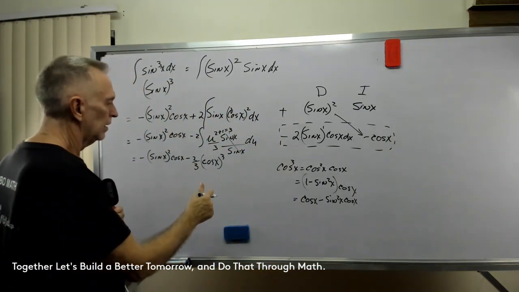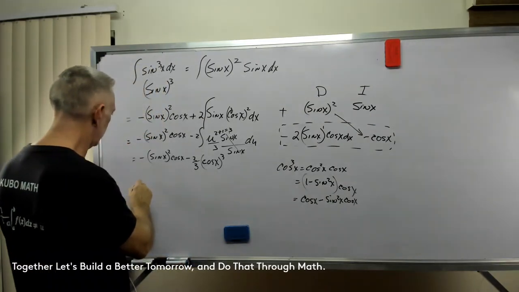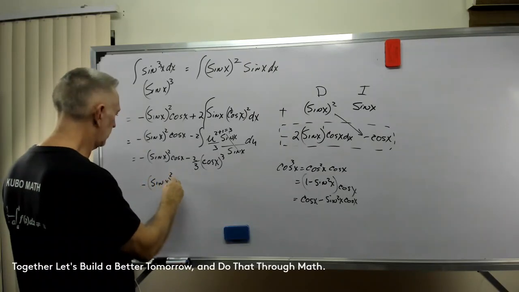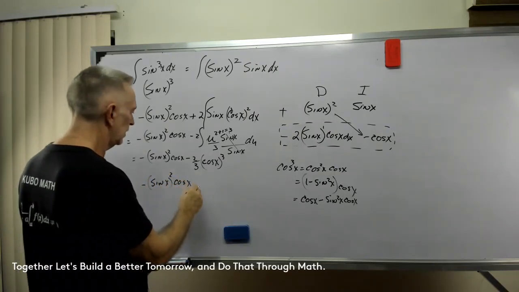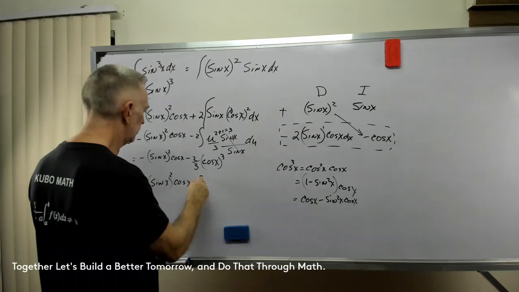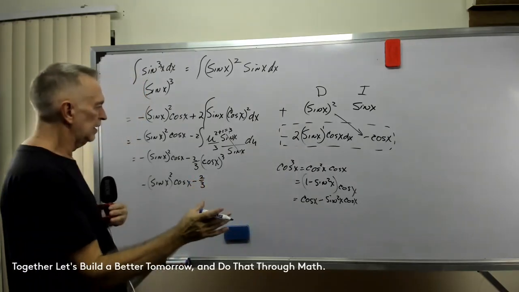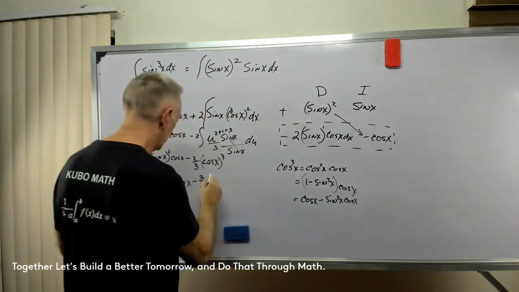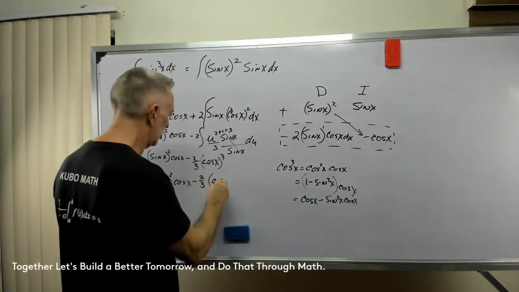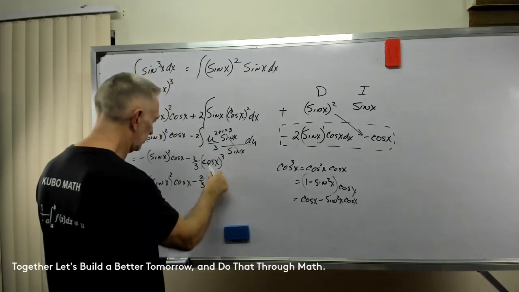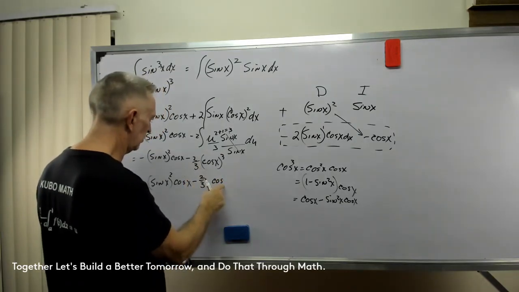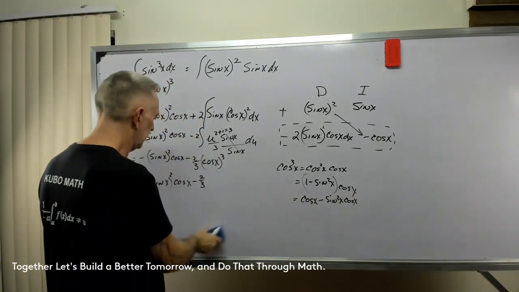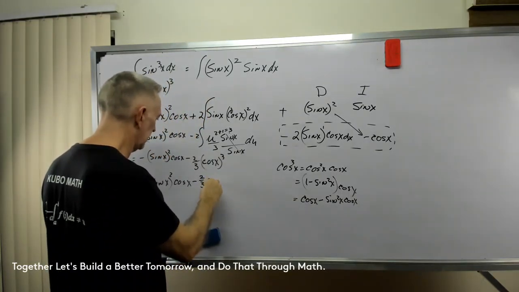Okay. Now, what do we have here? We have minus sine x squared cosine x, minus 2/3 times our cosine x cubed, which was all of this, right? Let's just go ahead and multiply it out. 2/3 times cosine x will be 2/3 cosine x.